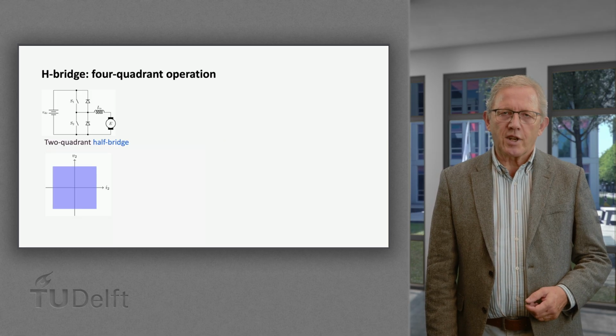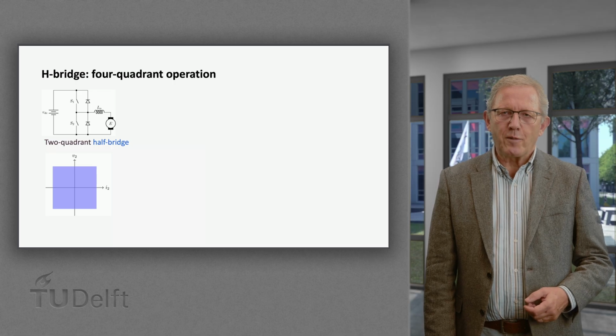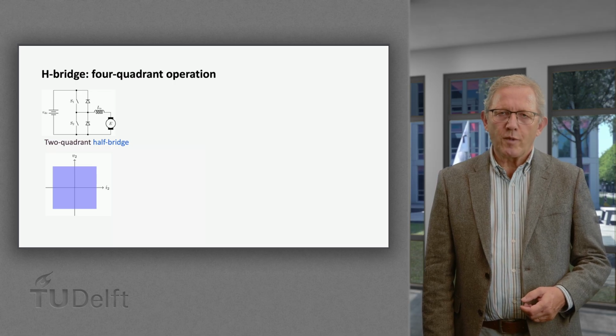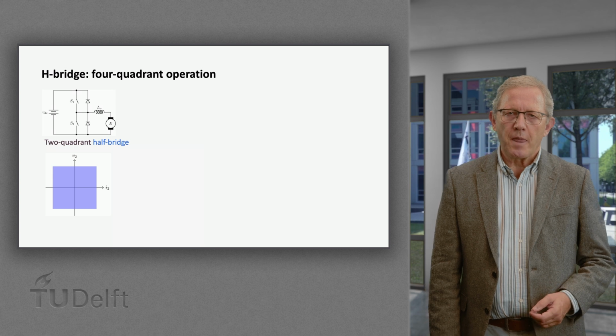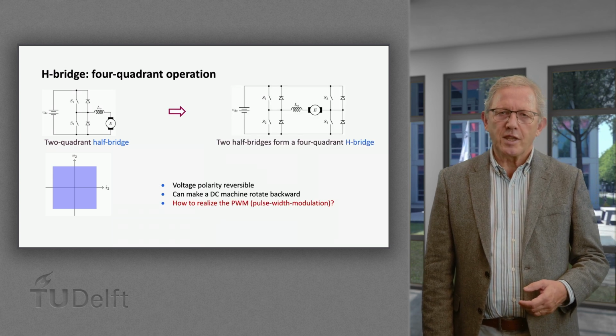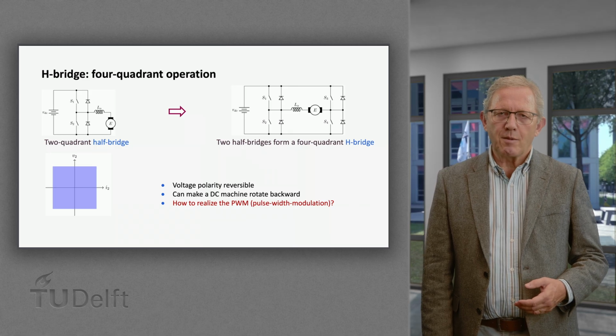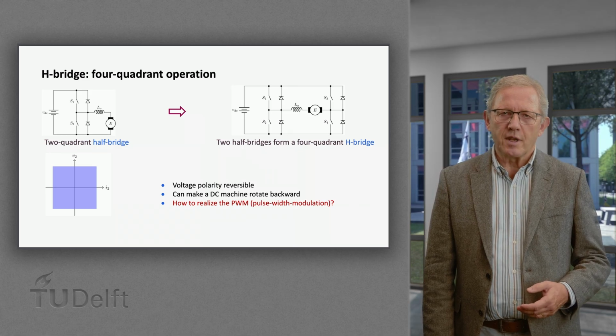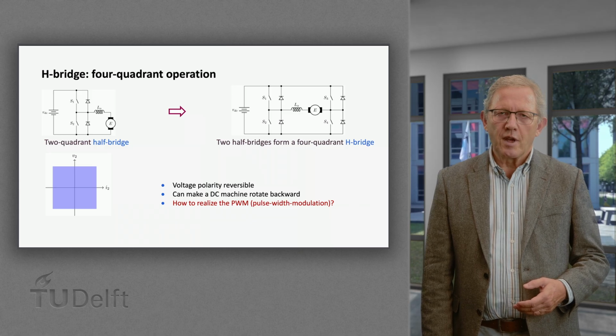To make the DC motor drive reversible, two half bridges can be used to form a so-called H-bridge. With the two half bridges connected in parallel to the same DC supply and the DC motor between the two midpoints, the motor terminal voltage now is the differential output of the two half bridges.